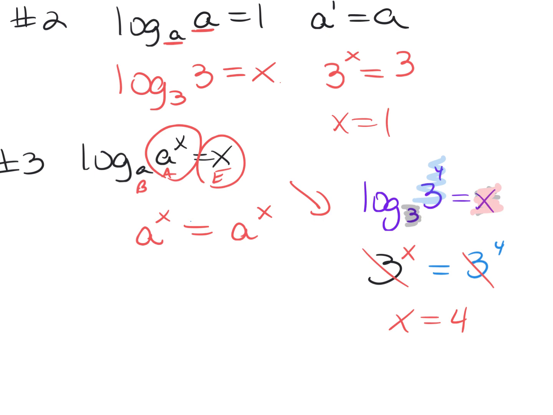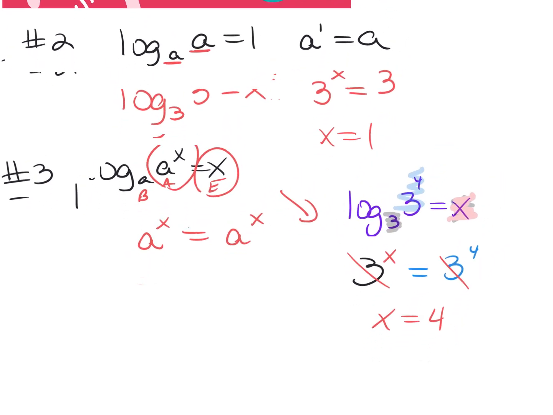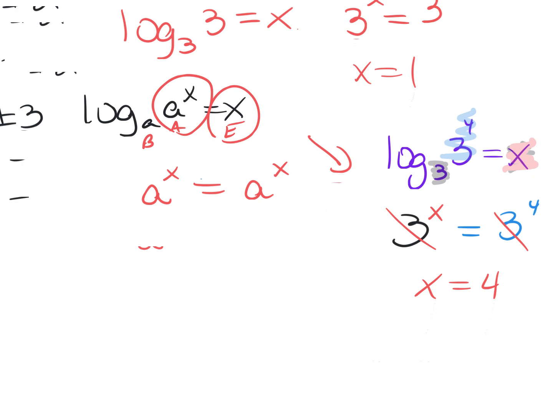Now, another way that you can look at this exponential here, also another thing to remember is if you have an exponential equation with a log as the exponent, so let's say it's log base A of x equals x.